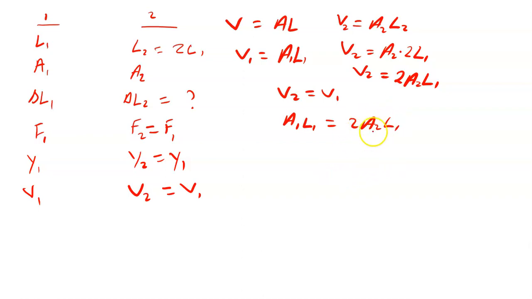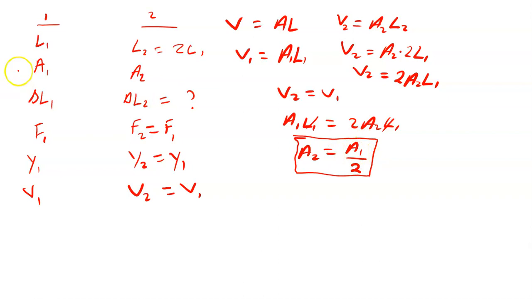Making A2 the subject of the formula, this and that can cancel. You have the area of the second wire, which is going to be the area of the first wire divided by 2. So clearly from this expression you can tell that the cross-sectional area of the second wire is just going to be half that of the first wire.